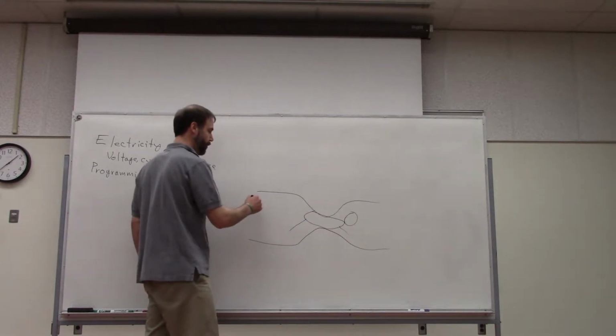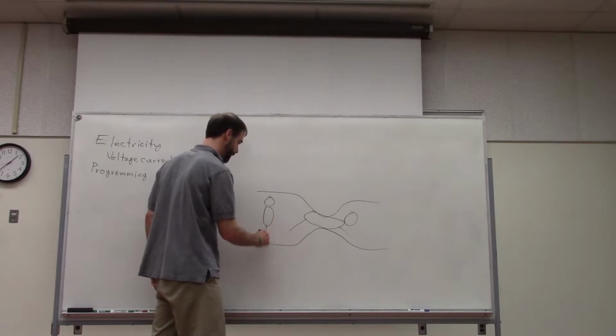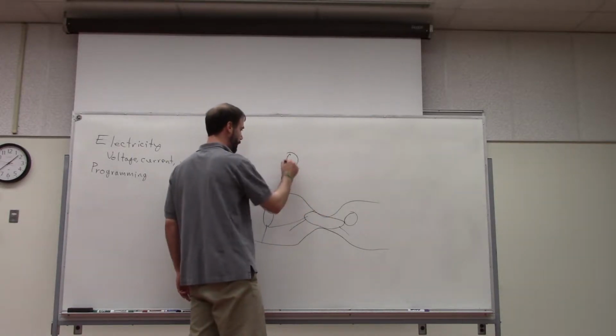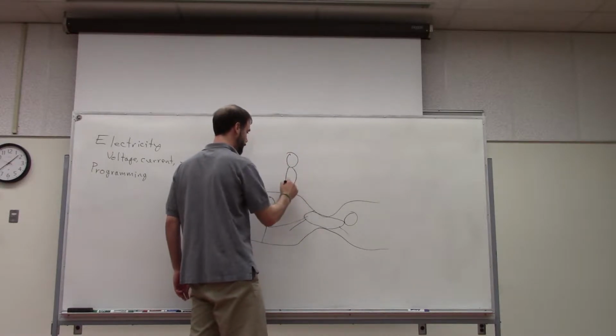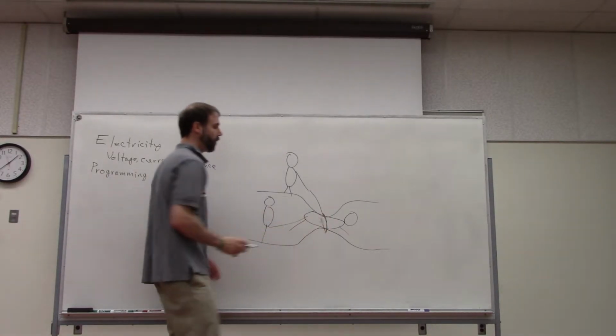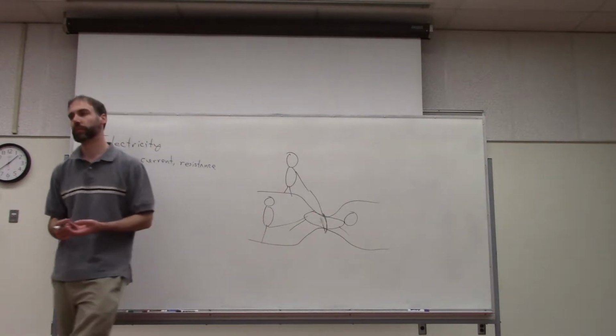He was getting pushed by somebody else, and then there was another guy up here who was actually holding on and making it difficult for the electricity to move. So what did we call the electricity that was actually flowing? Current.